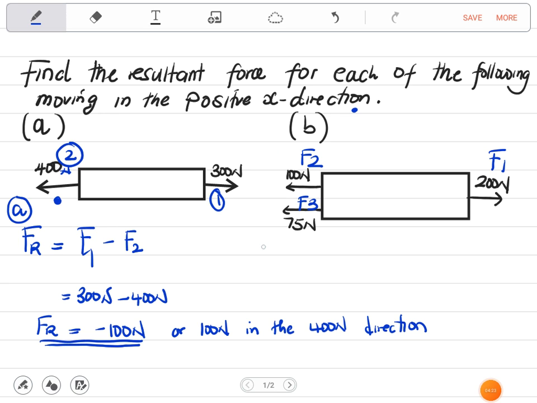So our resultant force for this B, we have the forward force, the first one, then the backward forces are 175. So these we are going to add them.